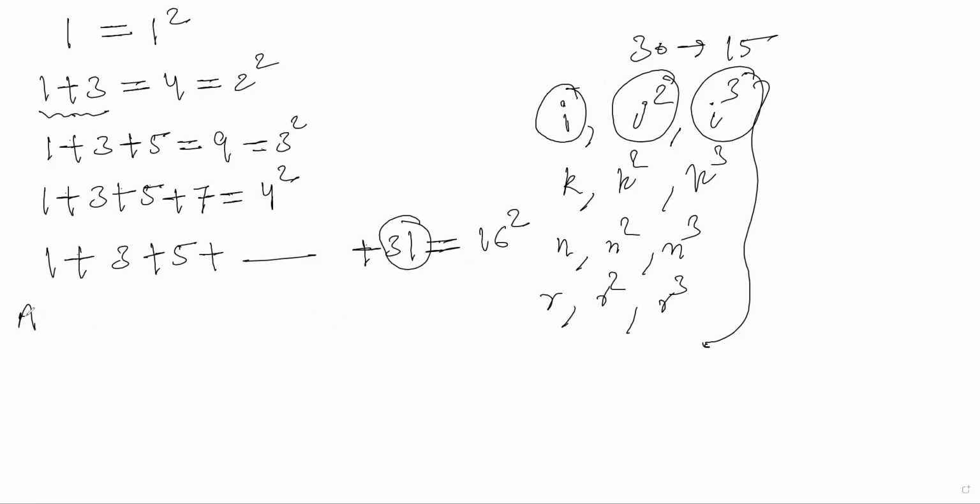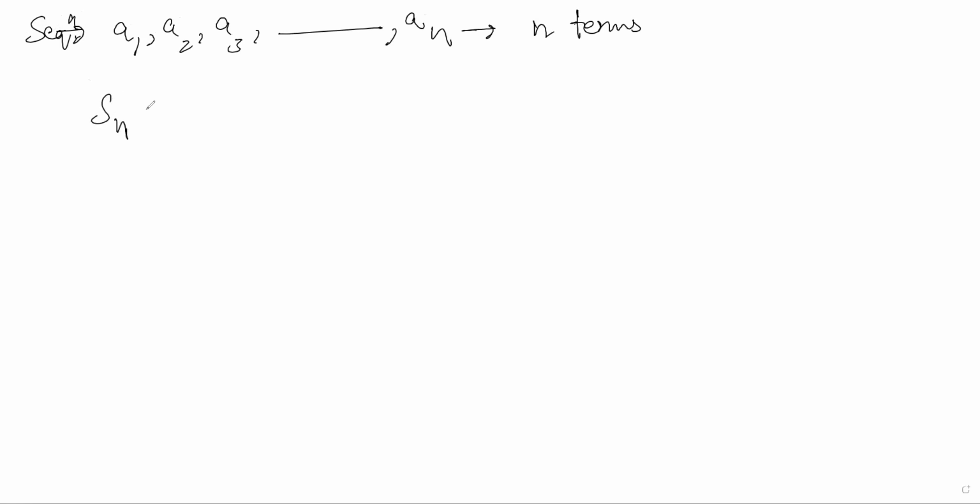Okay, now let's understand there is an AP, there is a sequence. Let's consider any general sequence. Let the sequence be A1, A2, A3, up to An. So there are n terms in this sequence. I want to find out Sn.